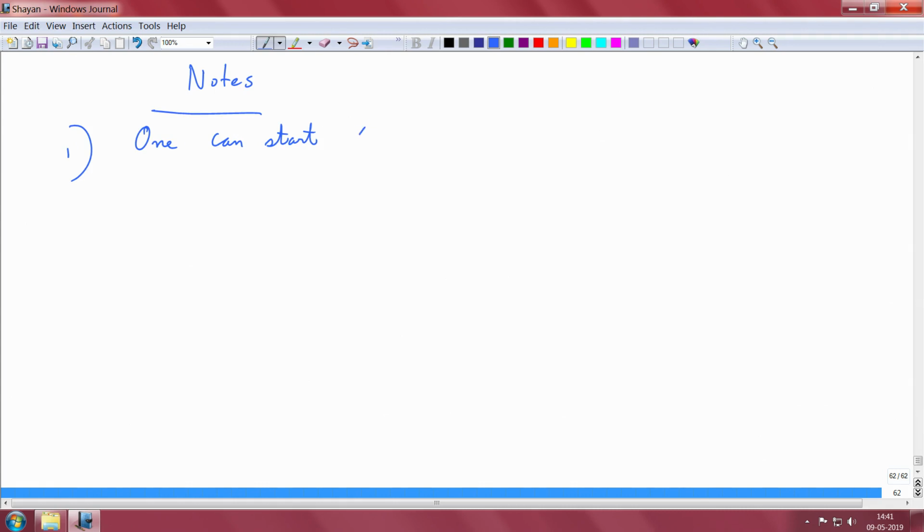Okay. So, just small notes here. One can start with any value for the initial vector instead of fixing it to be the all 0 vector, because this is easy for us in terms of updating.